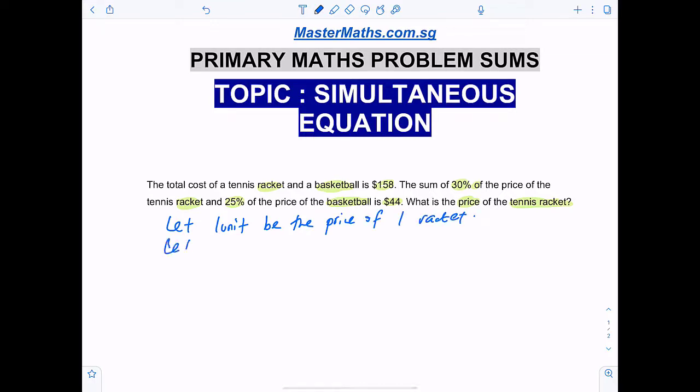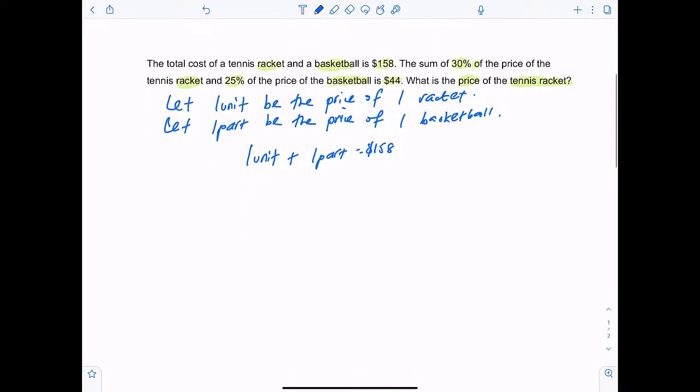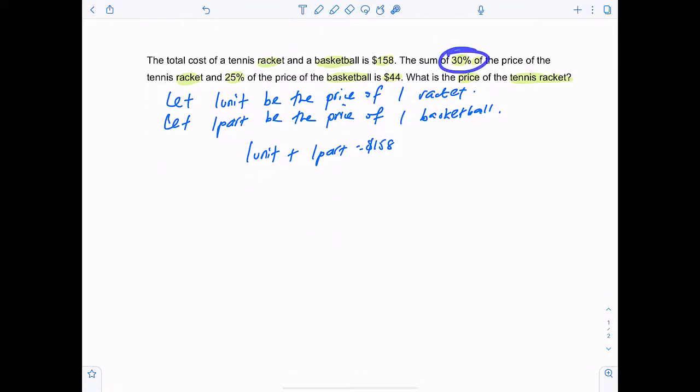And next, let 1 part be the price of 1 basketball. So with that, we can write 1 unit plus 1 part is equal to $158.